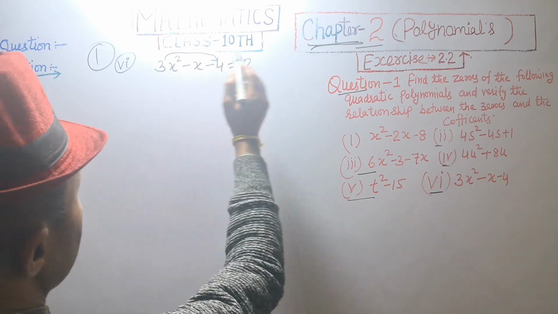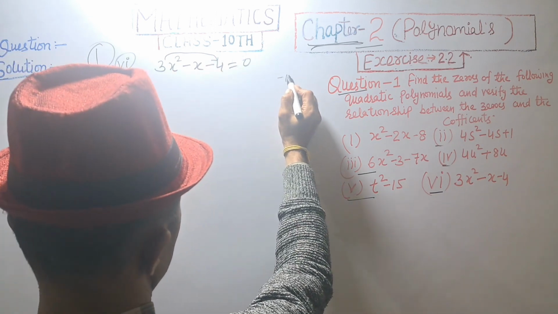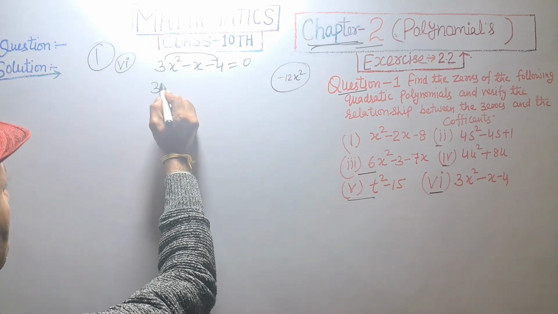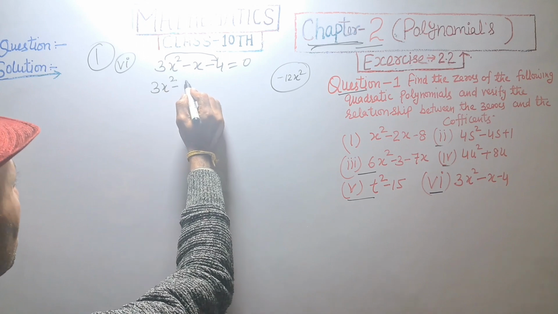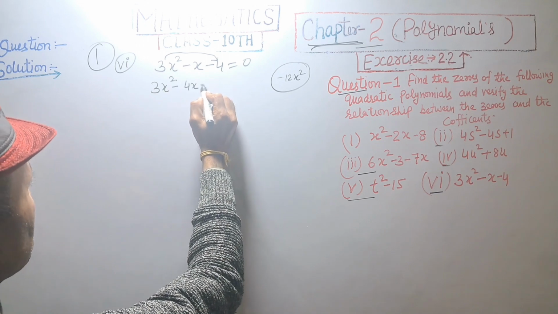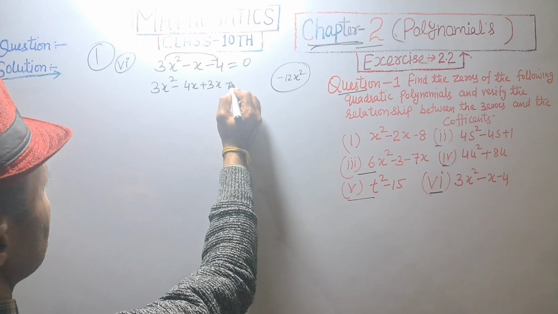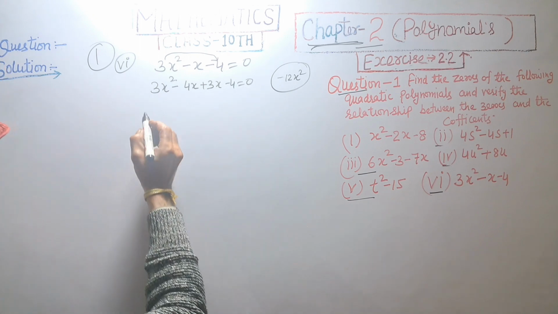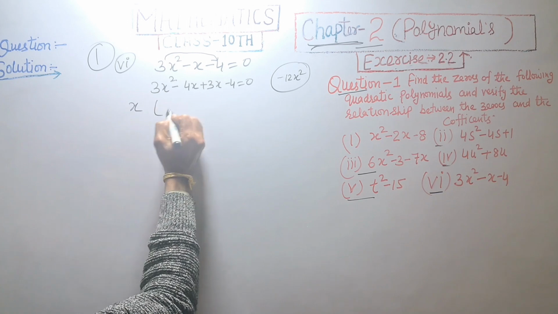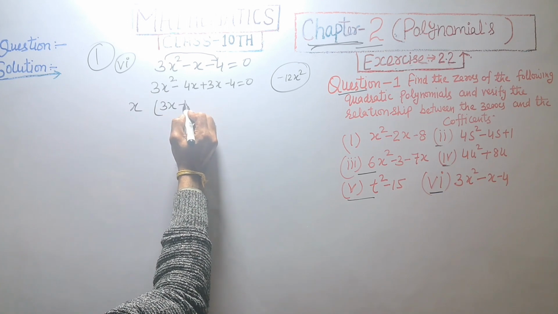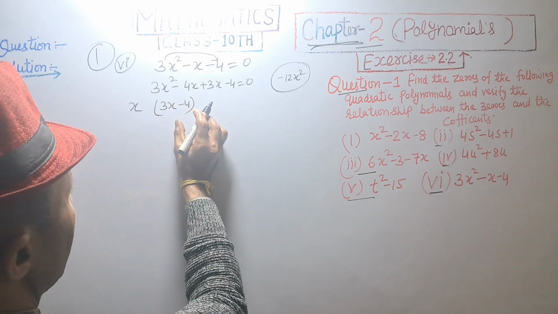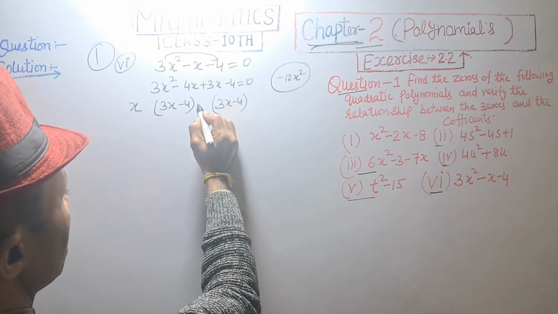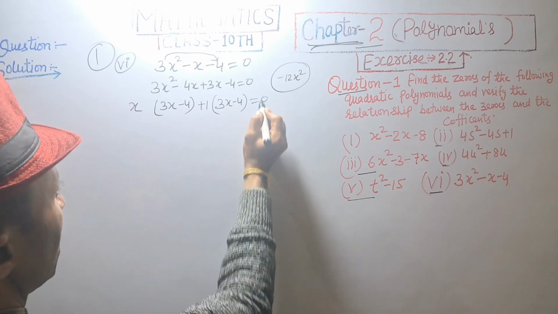Product of first and last is equal to minus 12x square, so 3x square minus 4x plus 3x minus 4 is equal to 0. X is common: x into 3x minus 4 in bracket, and plus 1 into 3x minus 4 in bracket is common, equal to 0.